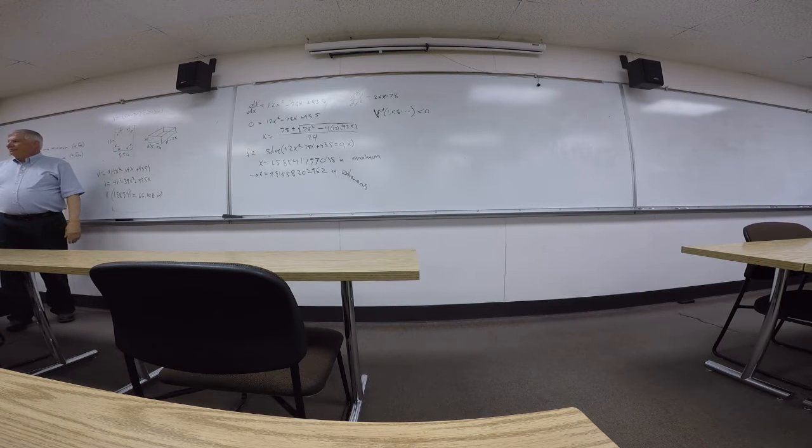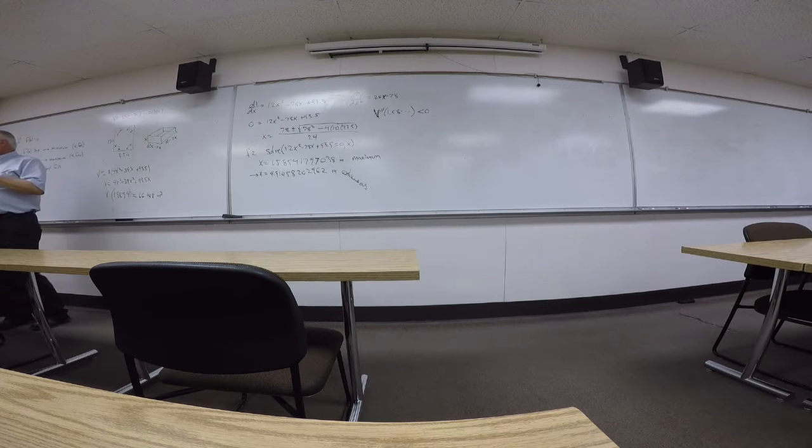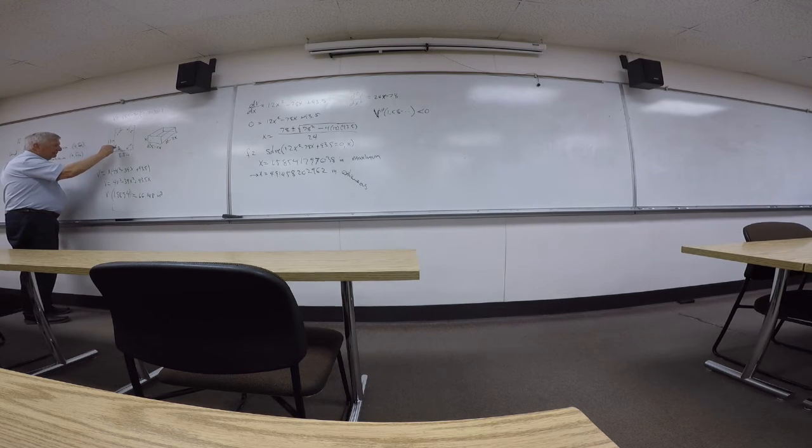Now, having said that, we can actually increase on this volume, but it's not at this level that we can solve that yet. But instead of cutting square corners, we can cut like V's in each corner.